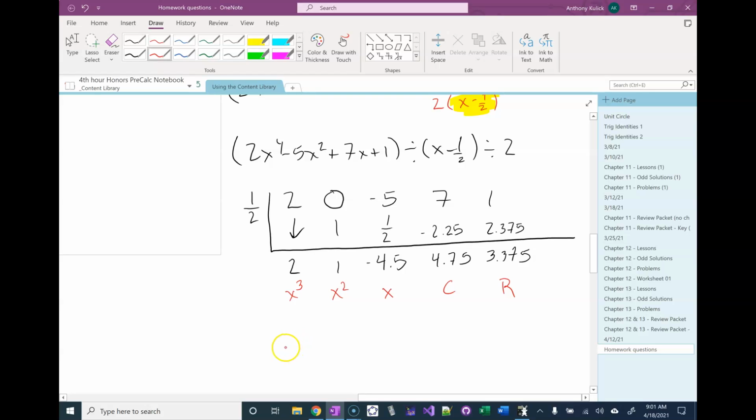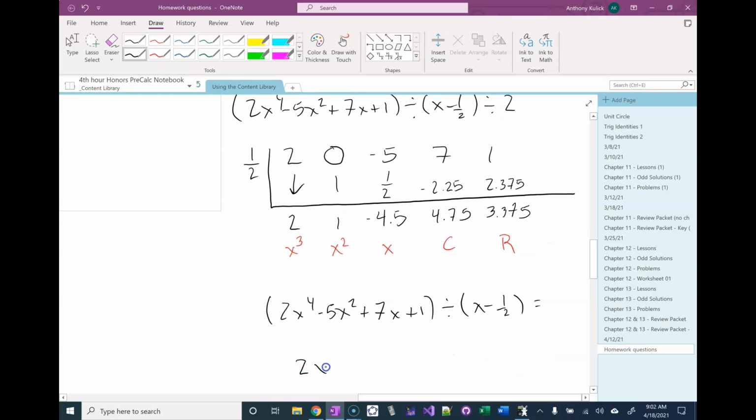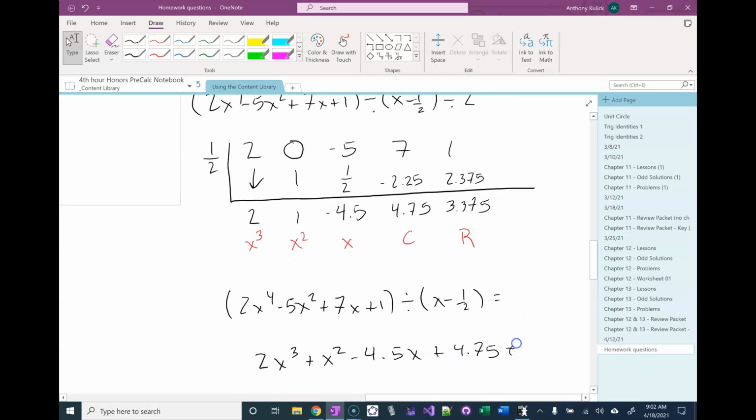So what we have here is that 2x to the fourth minus 5x squared plus 7x plus 1 divided by x minus 1/2 is equal to 2x cubed plus x squared minus 4.5x plus 4.75 plus 3.375 over x minus 1/2.